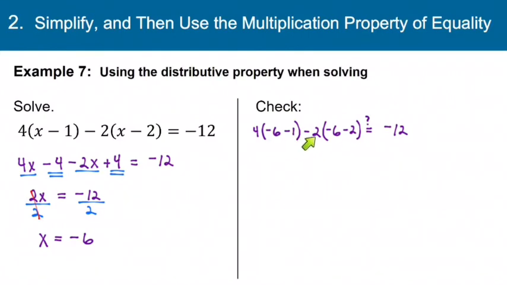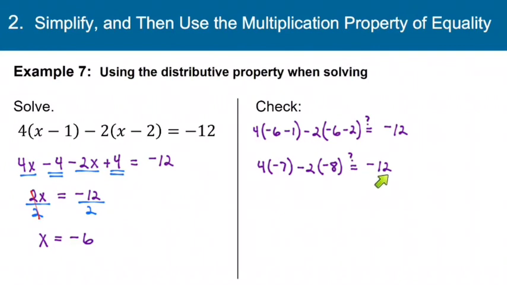You now have numbers inside the parentheses, and you can work these operations. So I'm going to go ahead and do both of these subtractions. Negative 6 minus 1 is negative 7. So 4 times this parentheses will be 4 times negative 7. And then we have negative 6 minus 2, which adds up to negative 8. So we'll have minus 2 times negative 8.